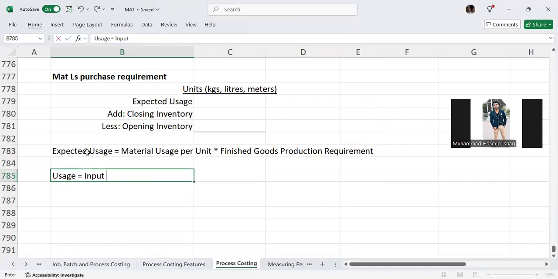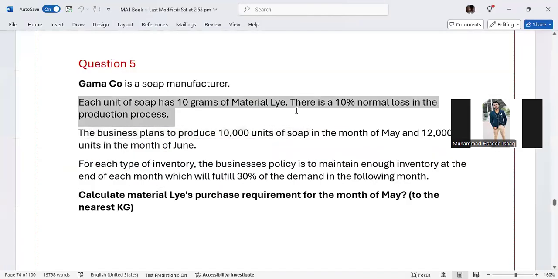So expected usage is the expected input requirement. Usage is equal to input. I can write in brackets to elaborate further that it is not equal to output or output quantity. For example, here it is written that each unit of soap has 10 grams of material L.